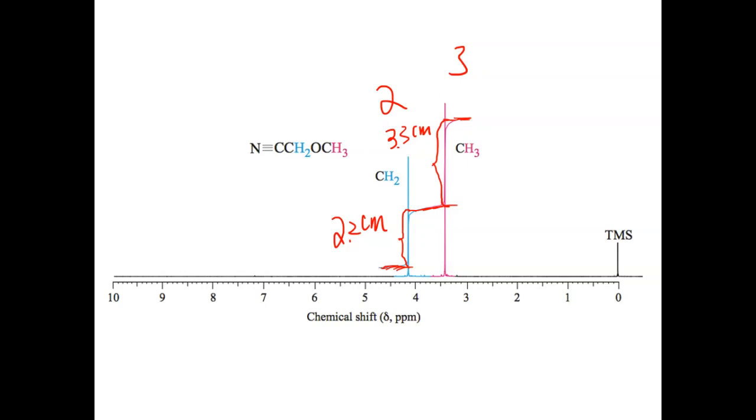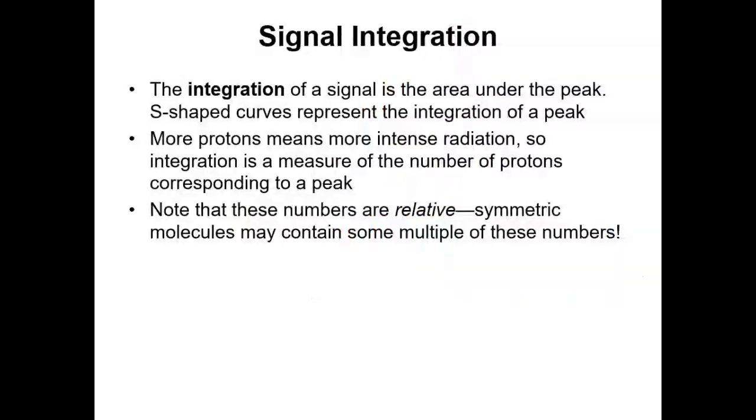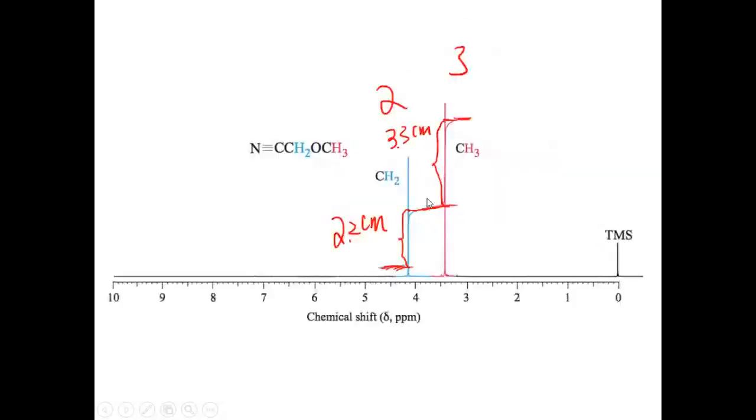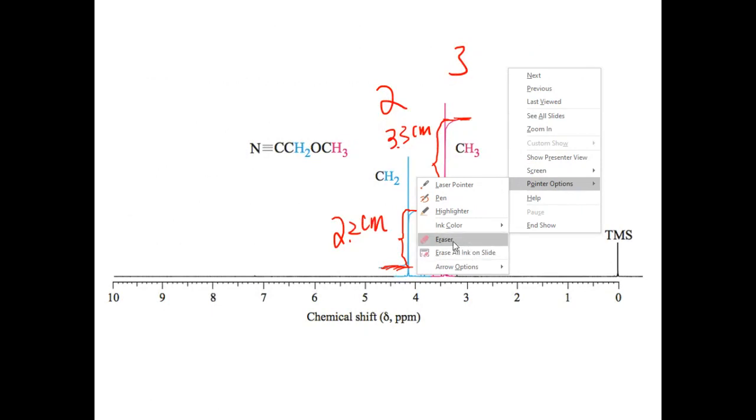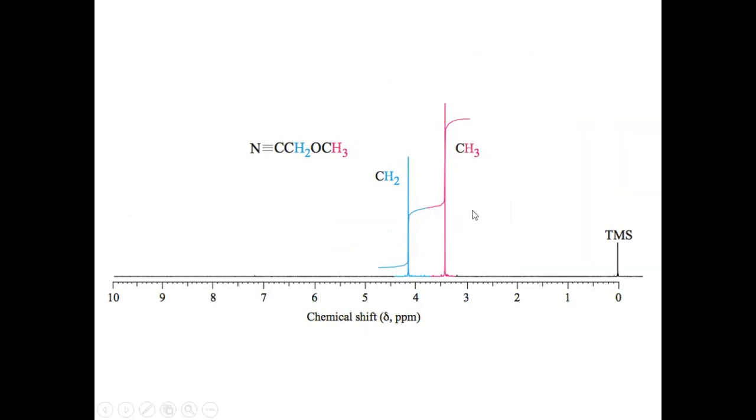But it could be that you have 4 blue protons and 6 red protons. That's possible. If the ratio is 2/3, it could be, like we have seen here, 2 blue protons and 3 red protons, but also it could be 4 blue protons and 6 red protons. Just the ratio is fixed. So these numbers are relative. Any question about the area?